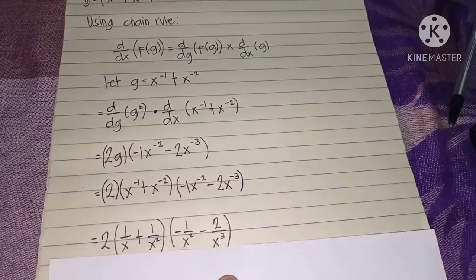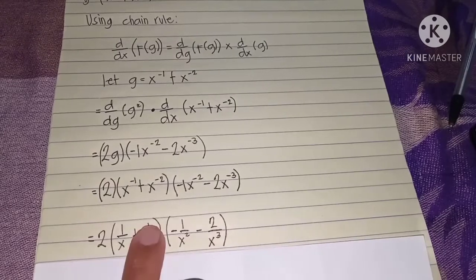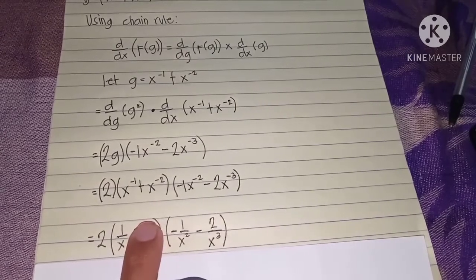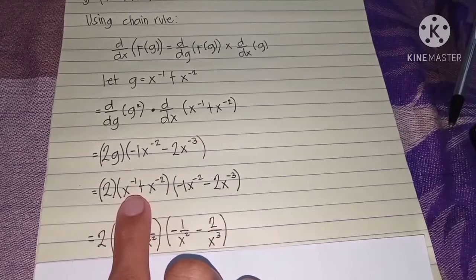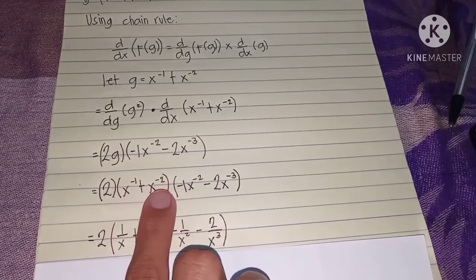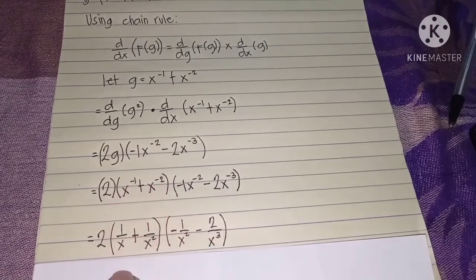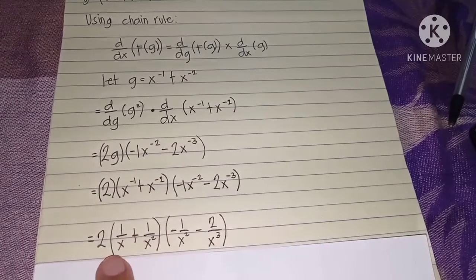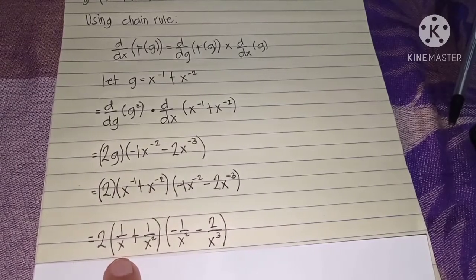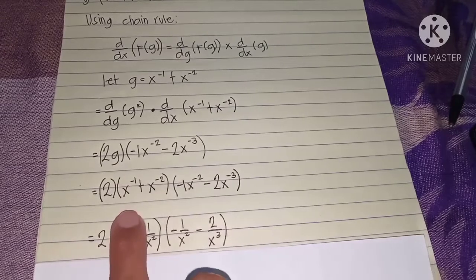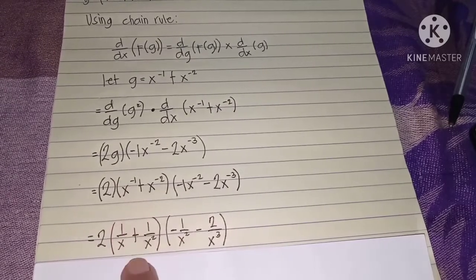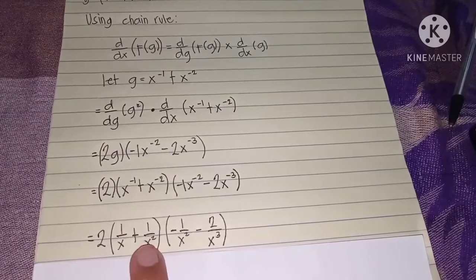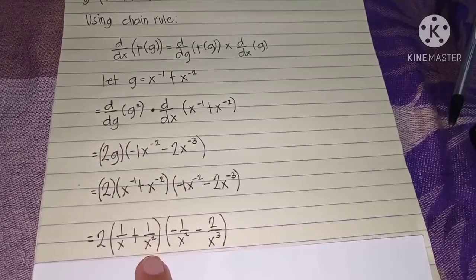And then, in order to make our exponents positive, we will reciprocate our terms. So 2 times the reciprocal form of x raised to the power of negative 1 plus 1 over x squared.